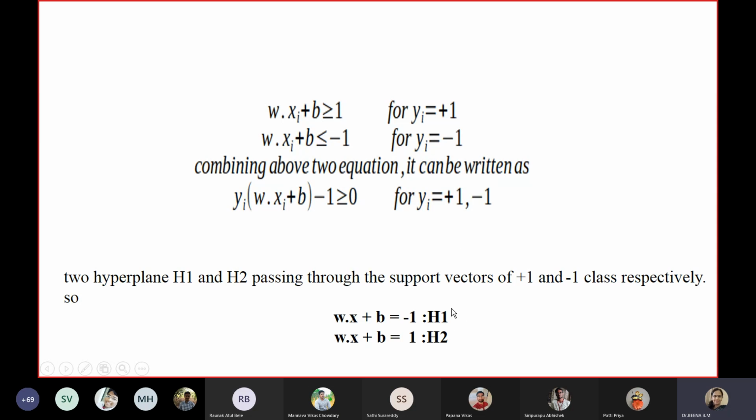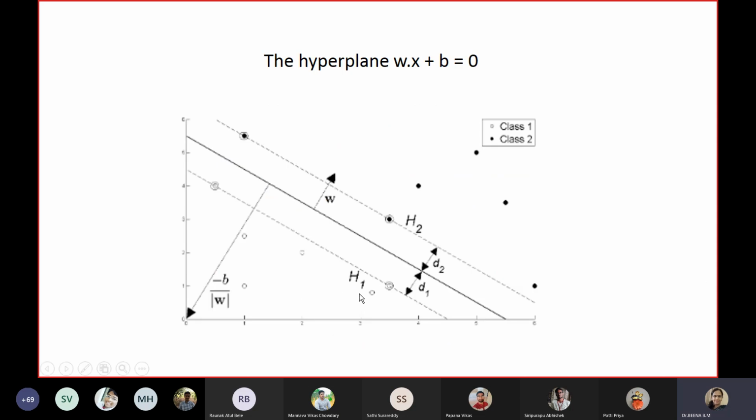So how do you denote the hyperplanes mathematically? H1 is mathematically denoted as w into x plus b = -1, and H2 is denoted as w into x plus b = 1.